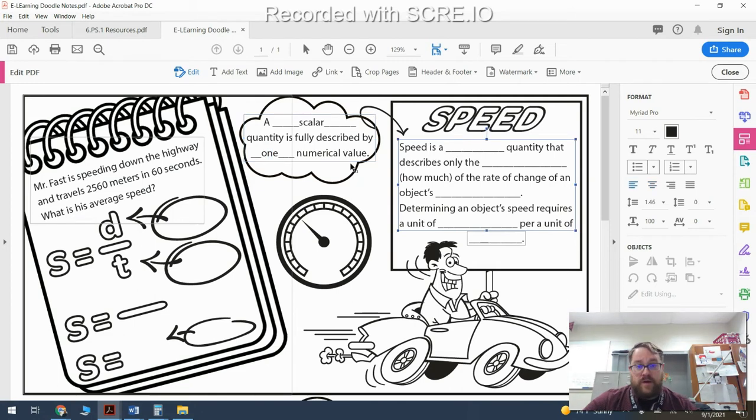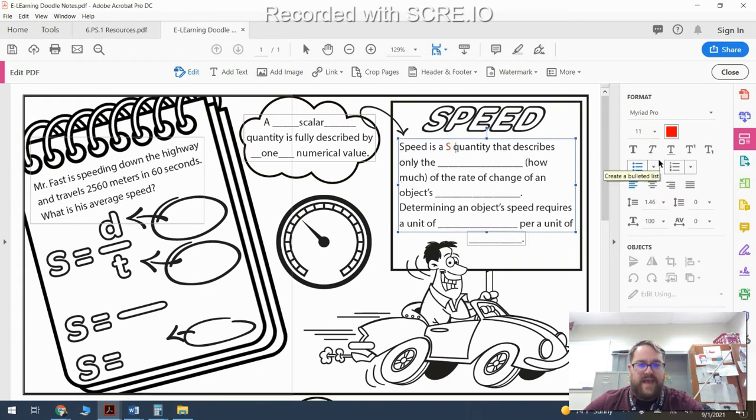Again, we're going to bump over to this box now. If you have to pause every once in a while while watching this video to get these notes in, you should do that. I'm going to start highlighting these first in the notes. So speed, again, we're going to use the same term here. I'm going to change my text color to red, that way it's a little easier to tell it apart from everything else.